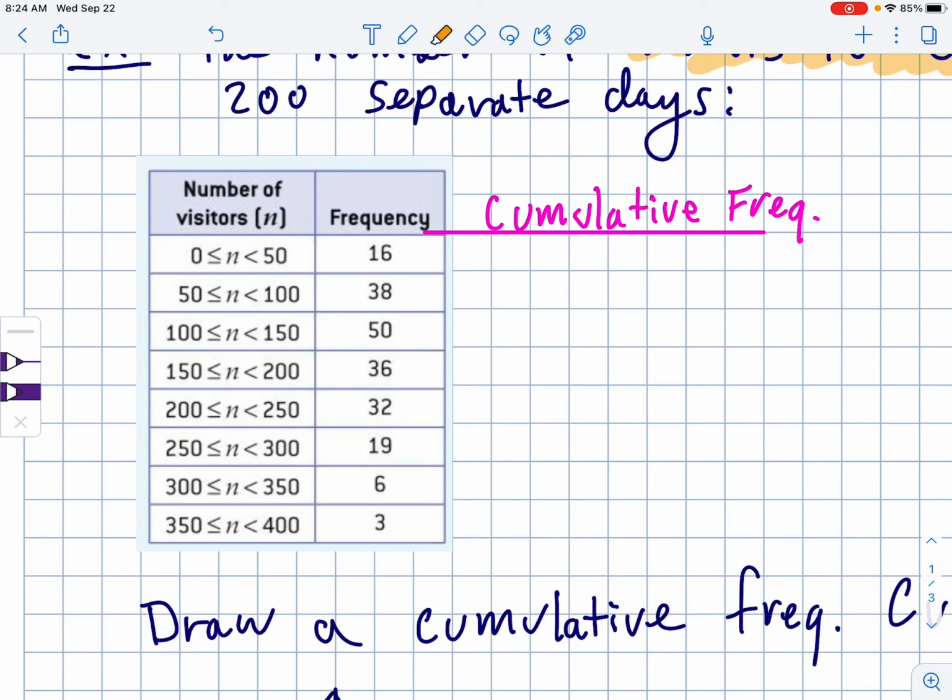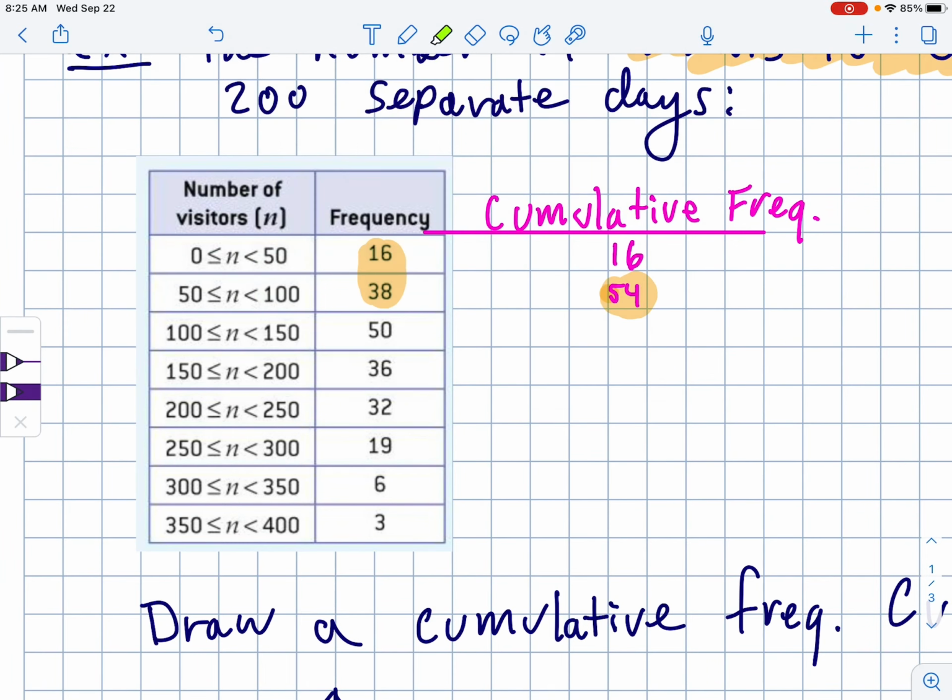So if I do a little zoom here, up until this point right here, there's only been 16 pieces of data. So the first one is going to be 16. The first one always matches. Now, for this next spot right here, it's going to be 16 and 38 added together, because it's the total frequency, or cumulative frequency. So 16 and 38 together is 54.